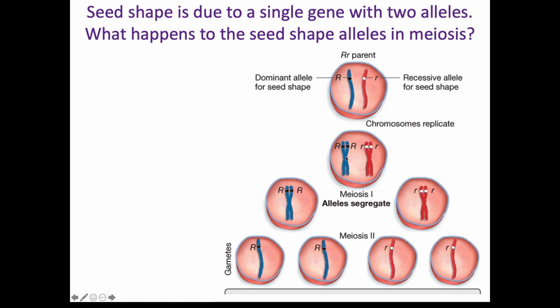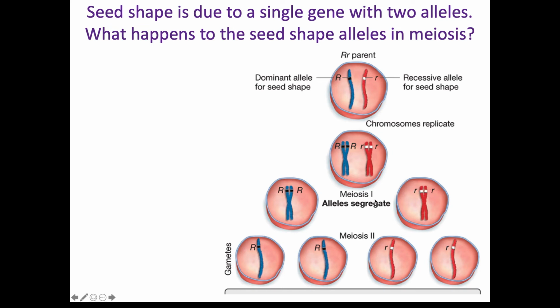In the first division, the homologous chromosomes, and here we've got both of the chromosome 5s, would pair up in prophase 1 and would separate in anaphase 1 to produce two daughter cells, one of which received the chromosome with the round alleles and one of them that received the chromosome with the wrinkled allele.